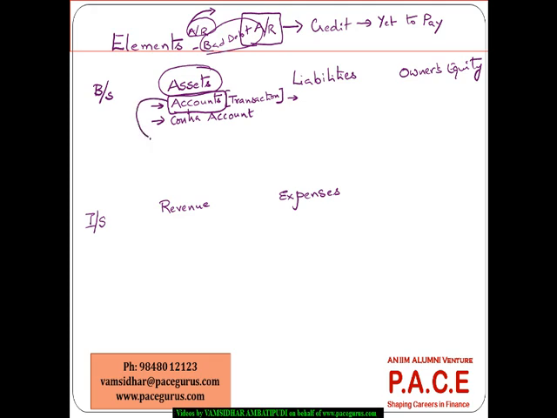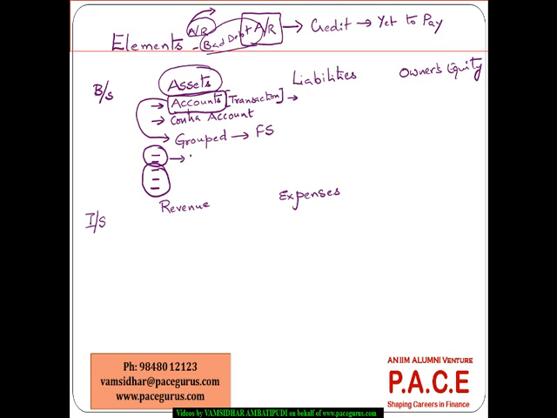A few of these accounts are typically grouped, and the group of accounts with a group heading is presented in the financial statement, which means the financial statement does not contain all the accounts, but it typically contains a group of accounts grouped with one unique name.